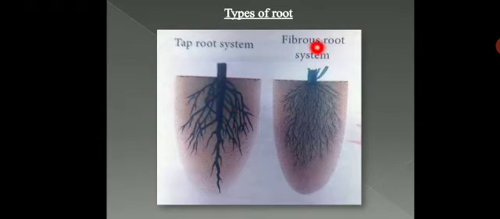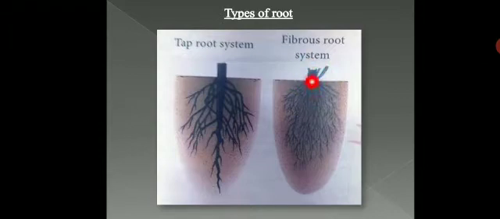The next one is the fibrous root system, otherwise called adventitious root system. Why do we say adventitious root system? Because the roots develop from a part other than the radicle.